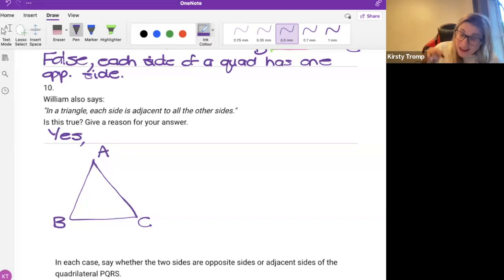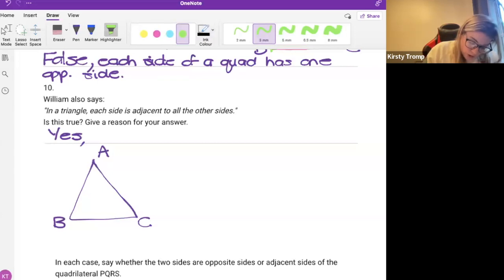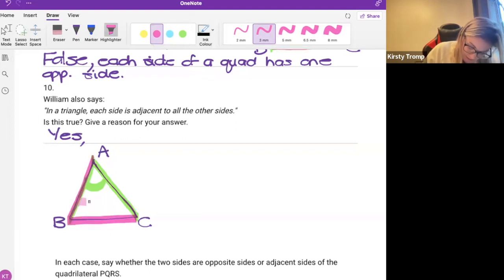Each side of that triangle shares a common vertex with each other side. In other words, side AB shares a common vertex with side AC. What's the common vertex? It's angle A. And side AB also shares a common vertex with side BC.